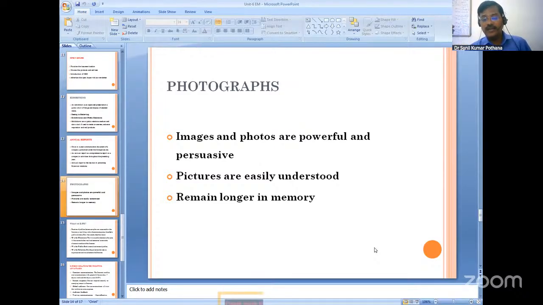Instead of reading, we may forget after a few days. But if we include images in the house journal, in the newsletter, in the brochure, in the newspaper, the reader may remember for a long time.